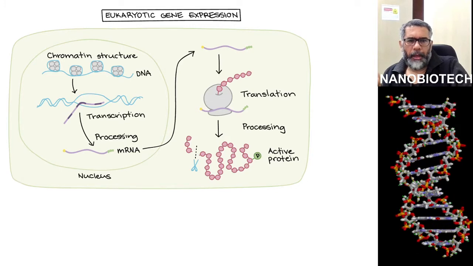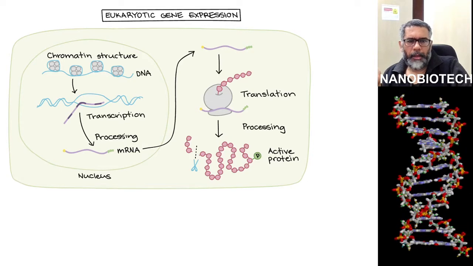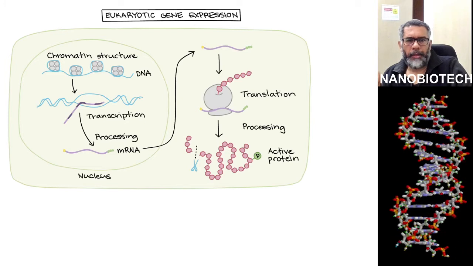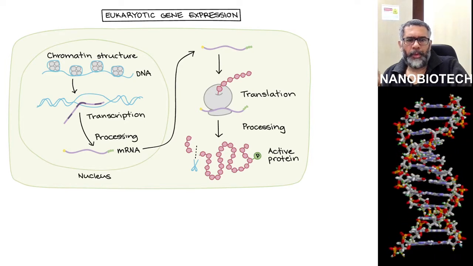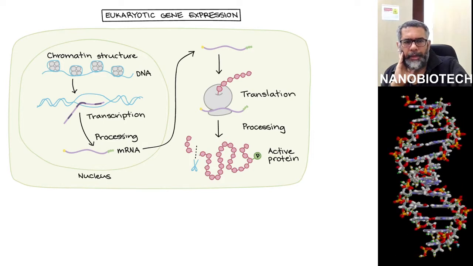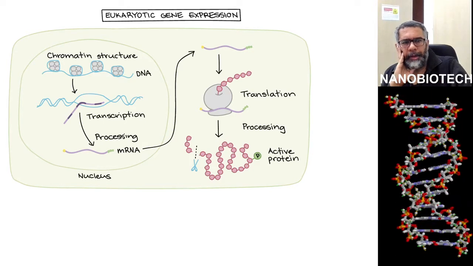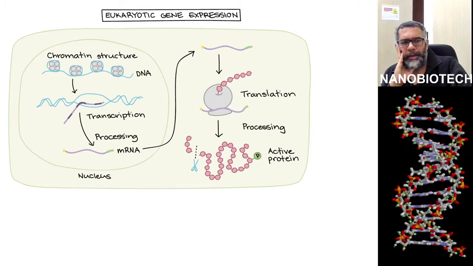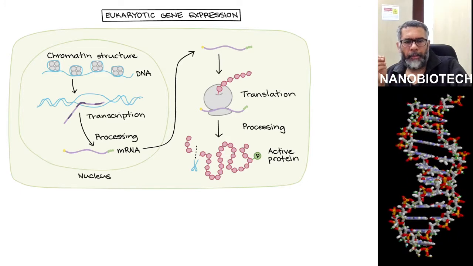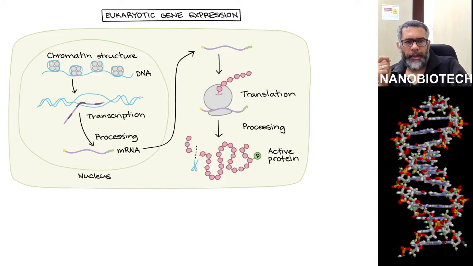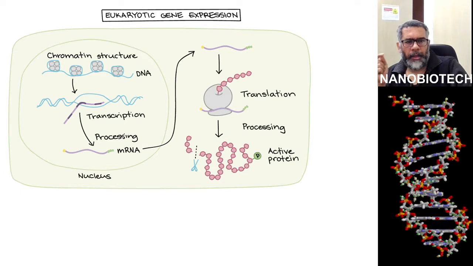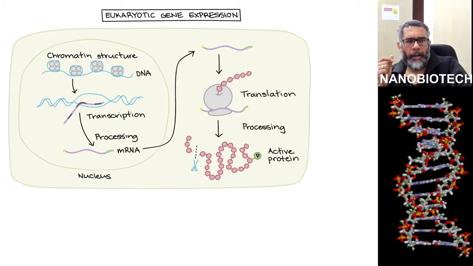Small regulatory RNAs called miRNAs can bind to target mRNAs and cause them to be chopped up. Translation of an mRNA may be increased or inhibited by regulators. For instance, miRNAs sometimes block translation of their target mRNAs rather than causing them to be chopped up.